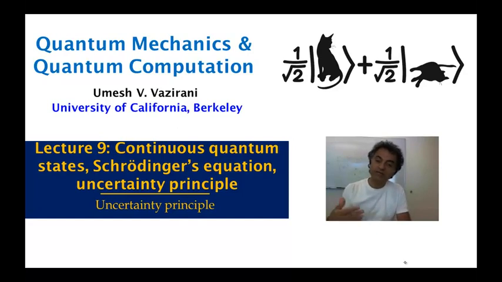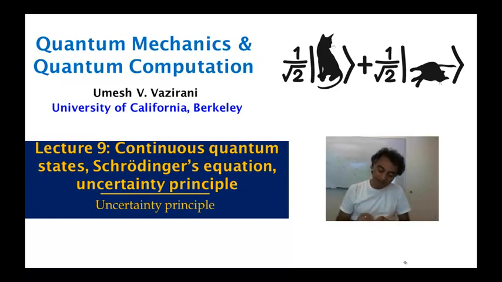But also, this will allow us to understand a particularly simple model, the so-called particle in a box model, which we'll use as a proxy for an atom, or for the states of an electron in an atom. And in this particularly simple example, which we'll solve completely, we'll actually understand how to implement a qubit via the energy levels of an electron in an atom. The example that we started with.